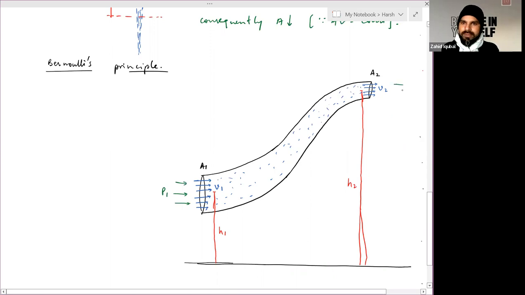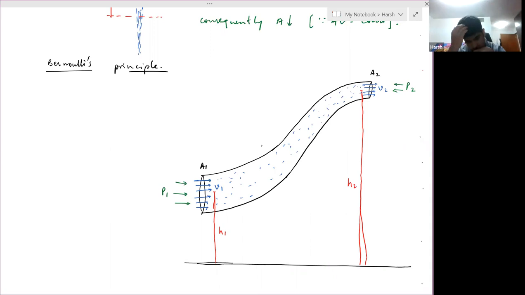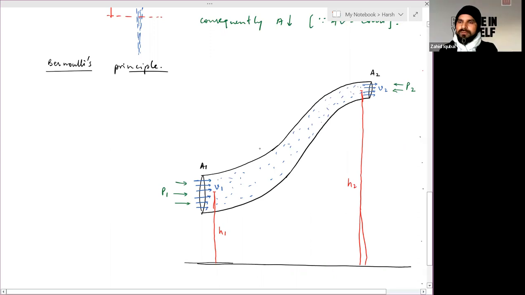So let's say P1 is at this point and P2 is at this point. Is it clear? Yes, sir. So this pressure difference between two ends will be responsible for the flow of liquid throughout this particular tube from some lower end to some higher end, having varying cross-section area.